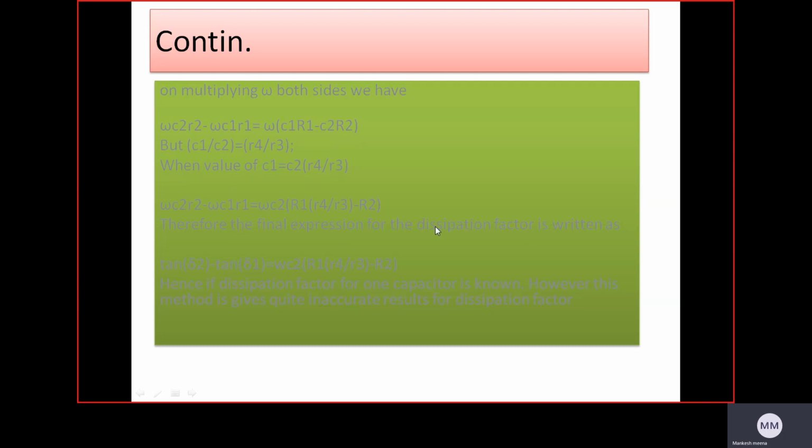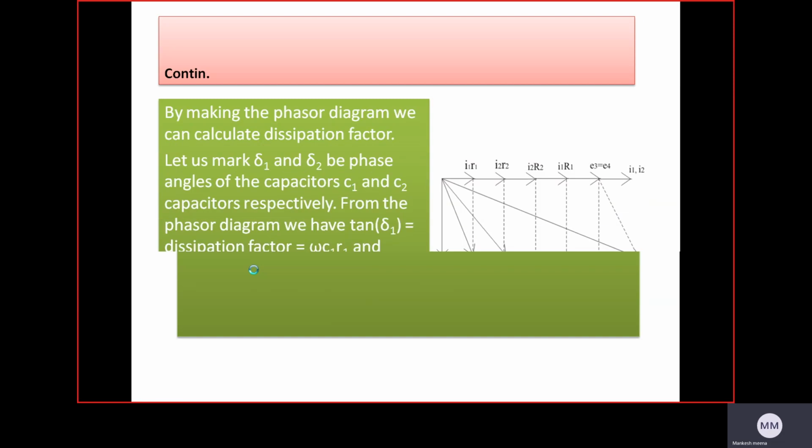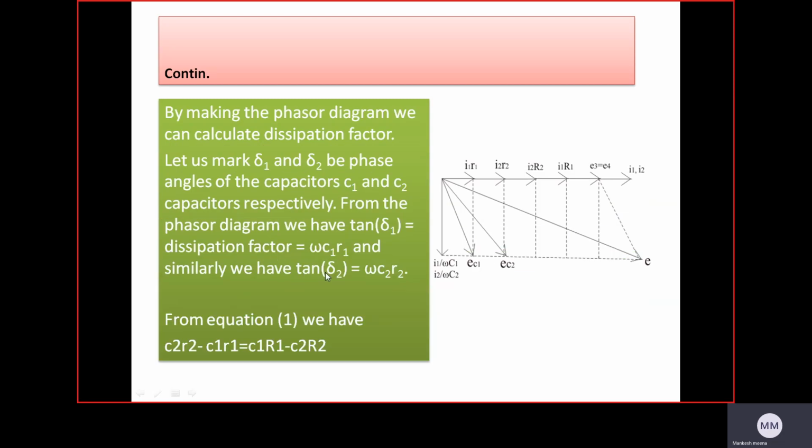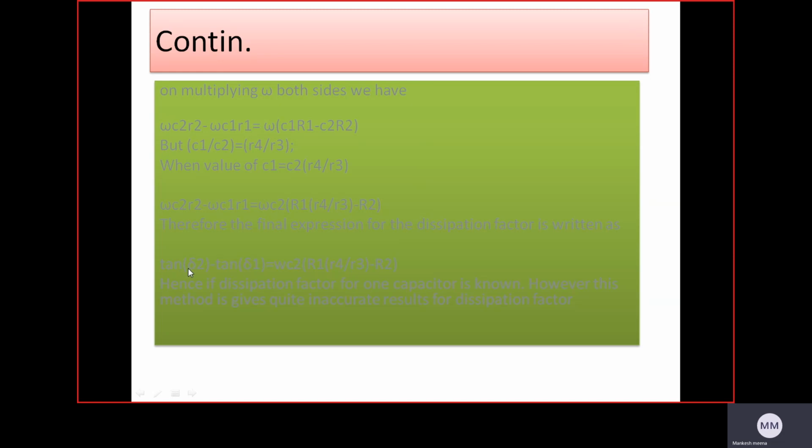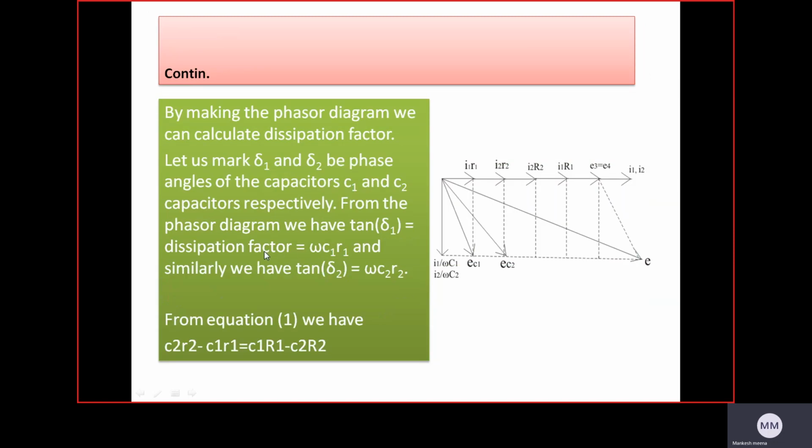Therefore, the final expression for the dissipation factor is omega C2 r2. We see that tan delta 2 equals omega C2 r2, and tan delta 1 equals omega C1 r1.